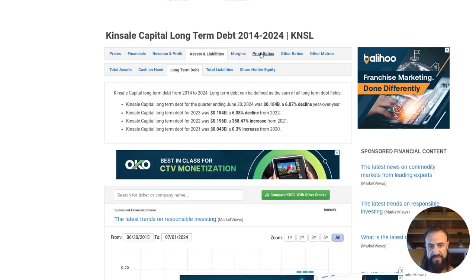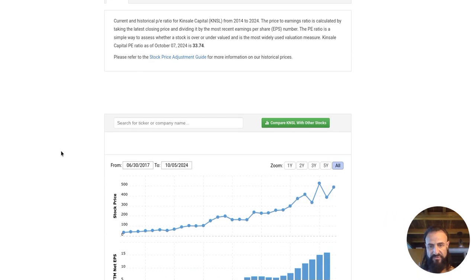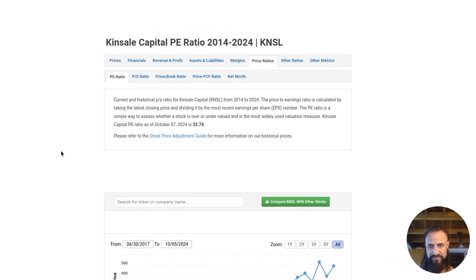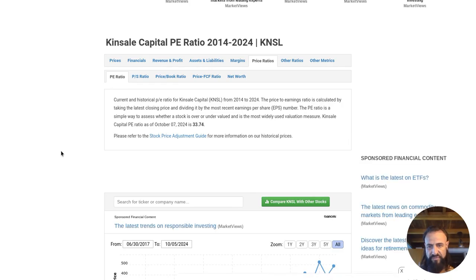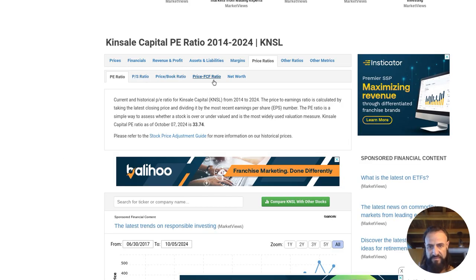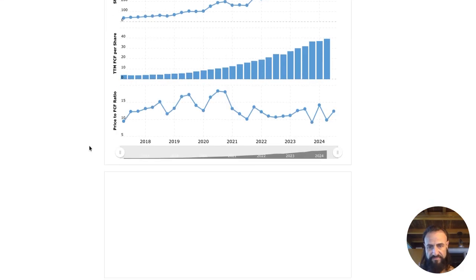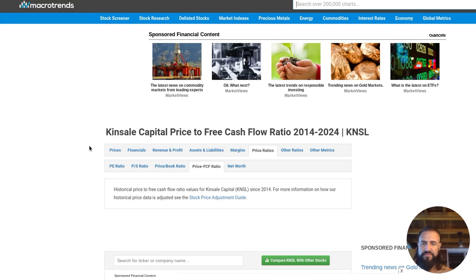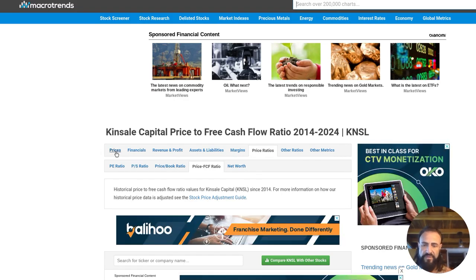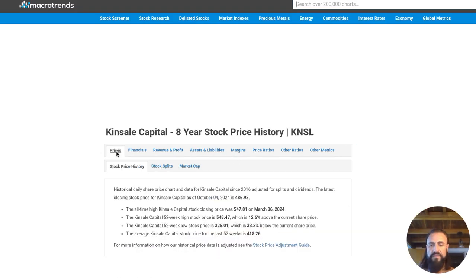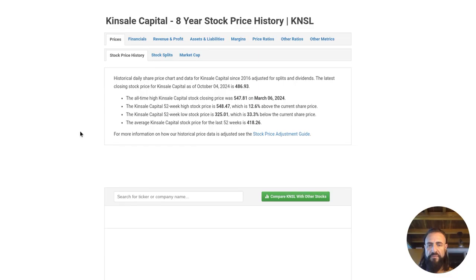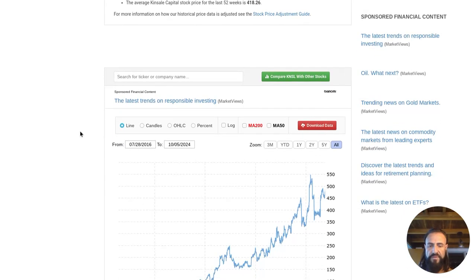Let's look at the price ratios. Insurance companies usually don't trade at a high P/E ratio, but it's a bit too expensive for me. Yeah, it's a bit too expensive for me. I wouldn't go in. If you don't mind overpaying for a company, it could be good.